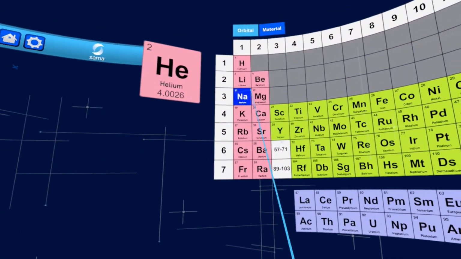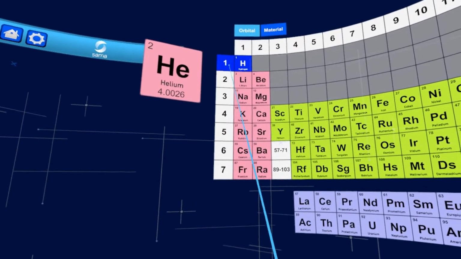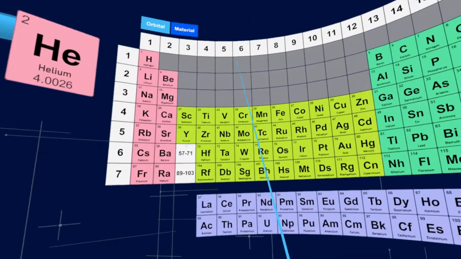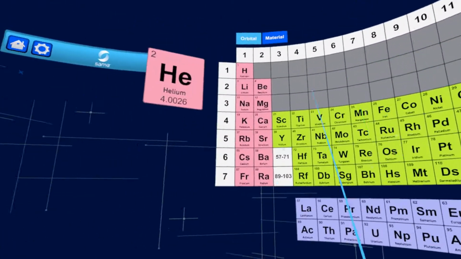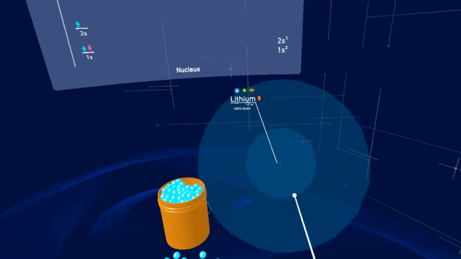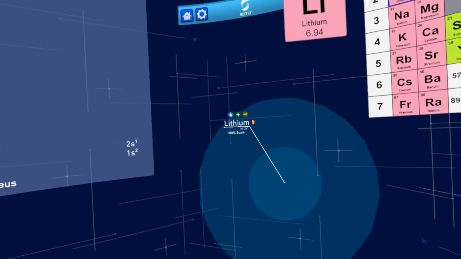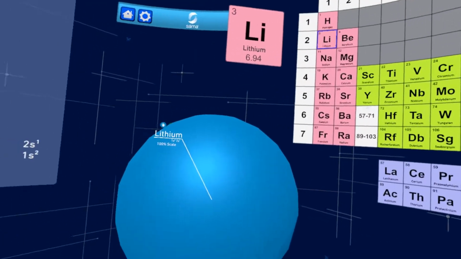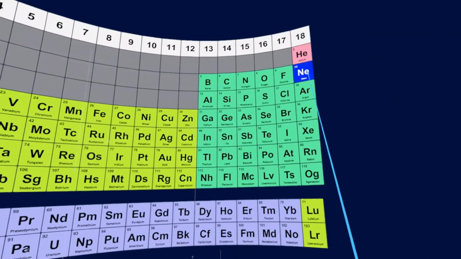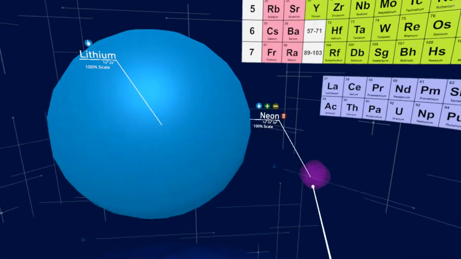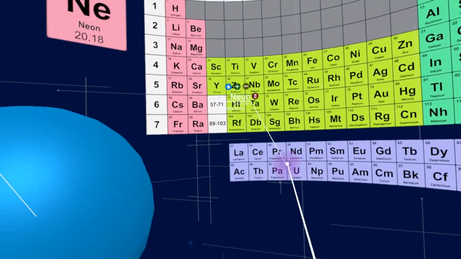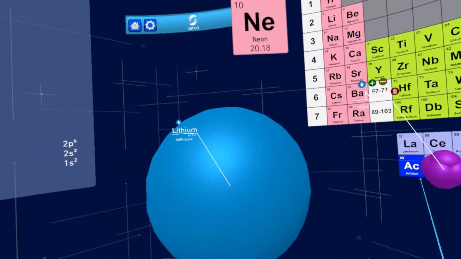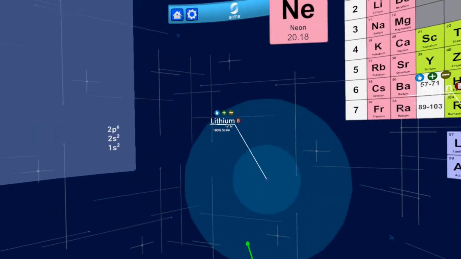And so the first trend we learn about is the trend in size as we move across a period. So we can start with the example of comparing lithium. So you can see here, these are the Slater atomic orbitals for lithium. And we can compare lithium to neon. And when we do that, we can see really clearly neon is much smaller than lithium.